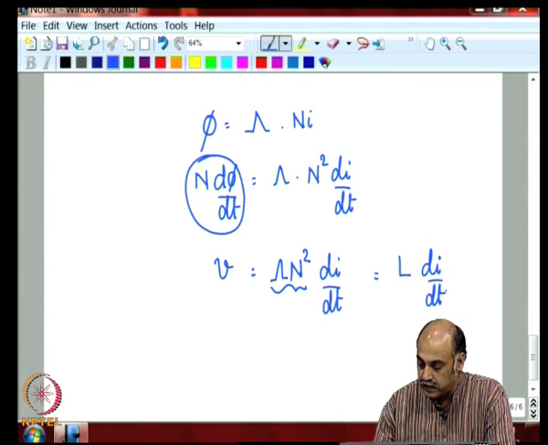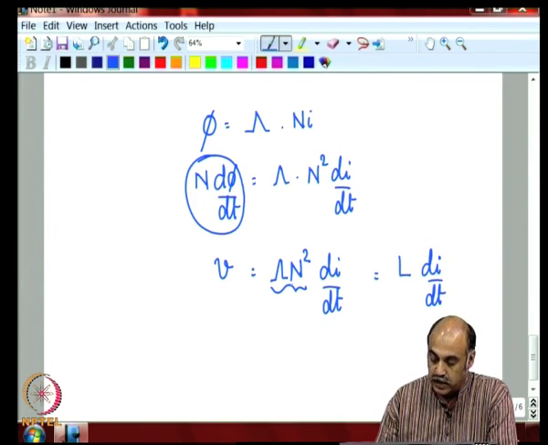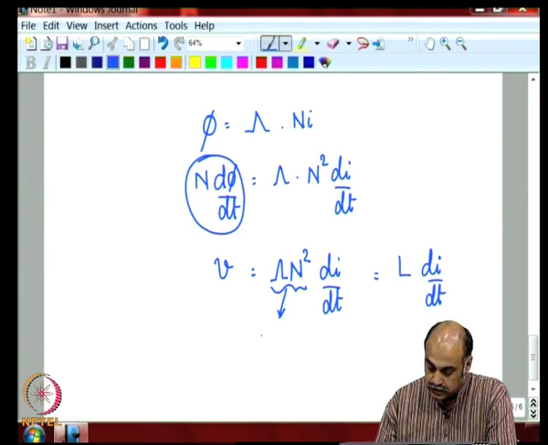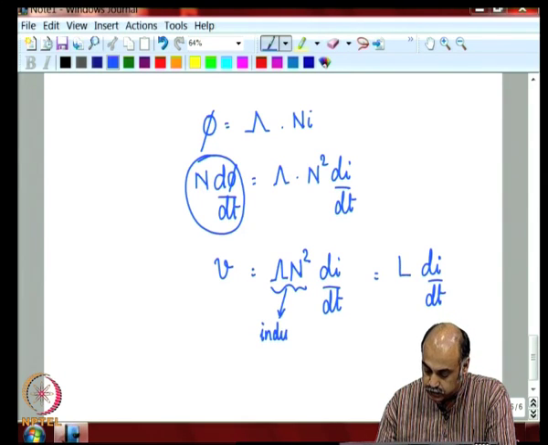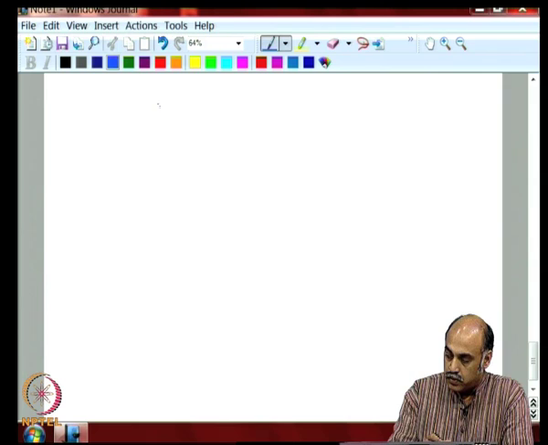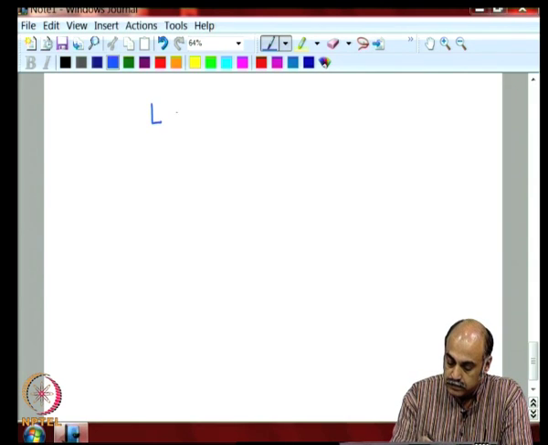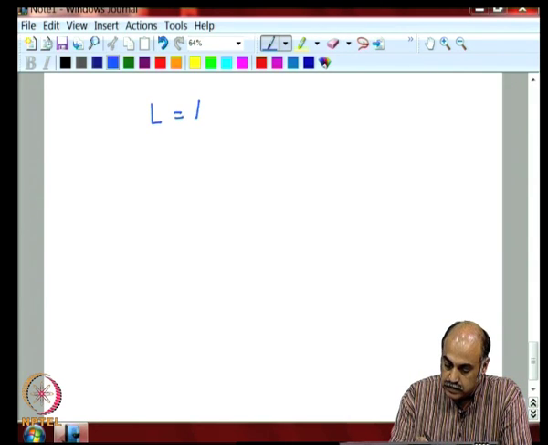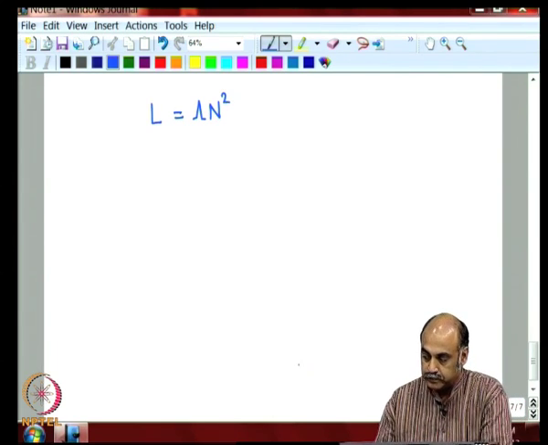So, we define permeance into N square as the inductance value. So, inductance L is permeance into N square.